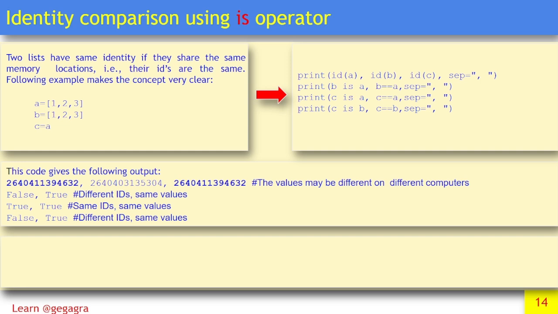So this is how, on the basis of identity comparison, we can use is and we can use IDs, and the results of comparing IDs and using the is operator are consistent. So this is how we can compare lists in Python, element wise and length wise.